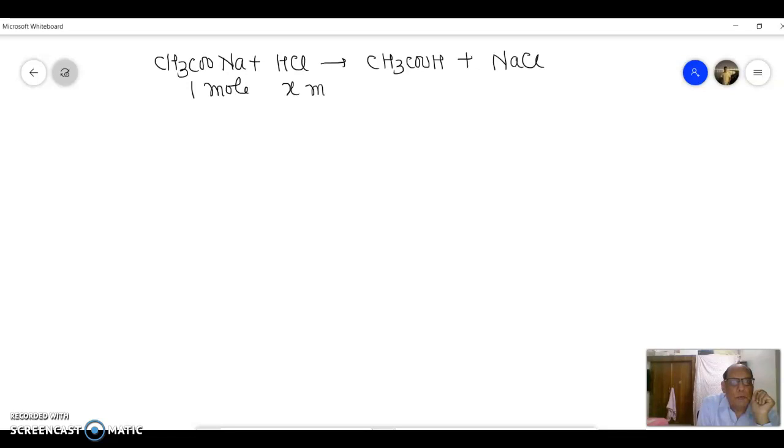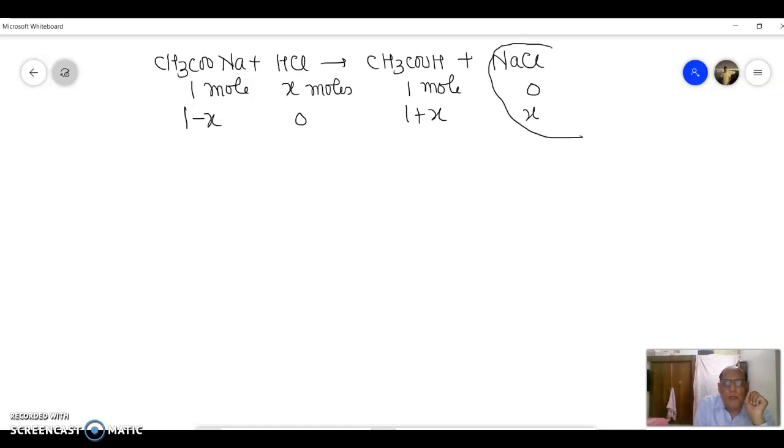We are adding X moles of hydrochloric acid. It was 1 mole acetic acid in the beginning and no sodium chloride. At the end of the reaction, sodium acetate will be 1 minus X. Acetic acid will be 1 plus X. And X moles of sodium chloride will be formed. But again, sodium chloride is neutral. It's not going to affect the pH of this buffer.